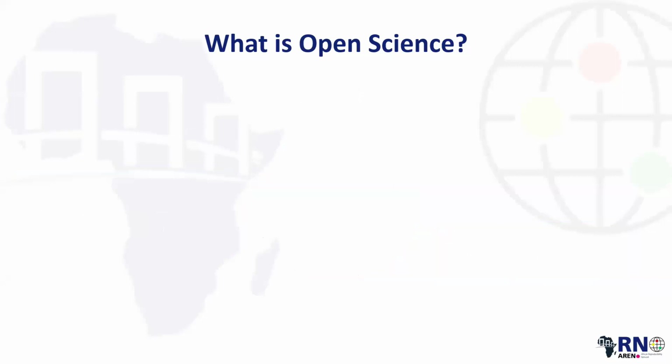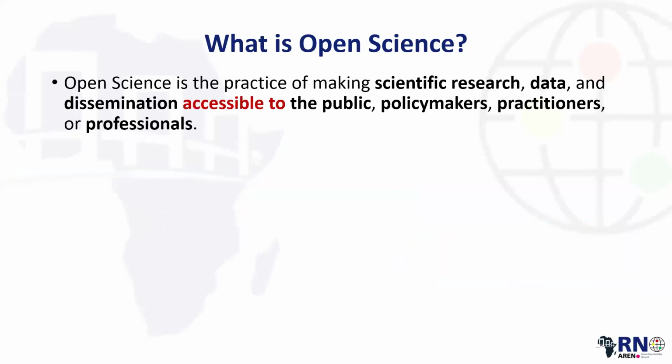So if we would like to take a more broad definition of open science, then open science is the practice of making scientific research, data, and dissemination accessible to the public, policymakers, practitioners, or professionals.